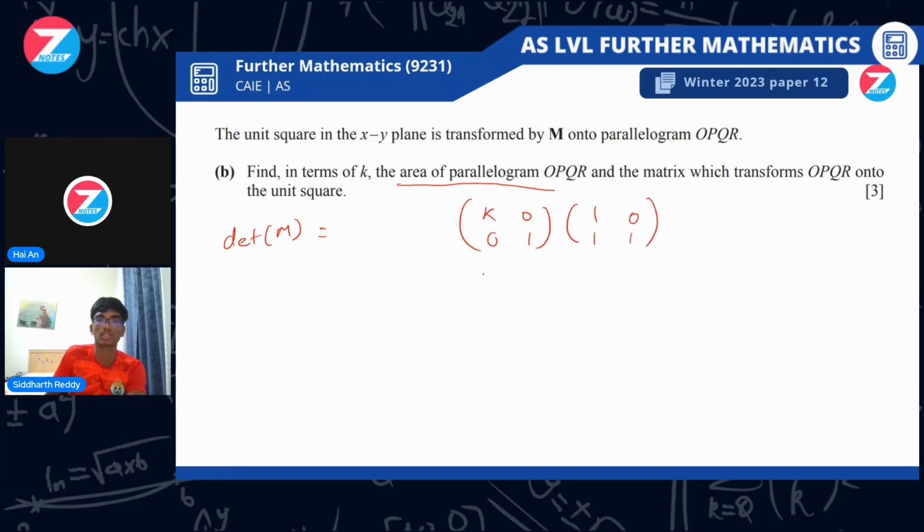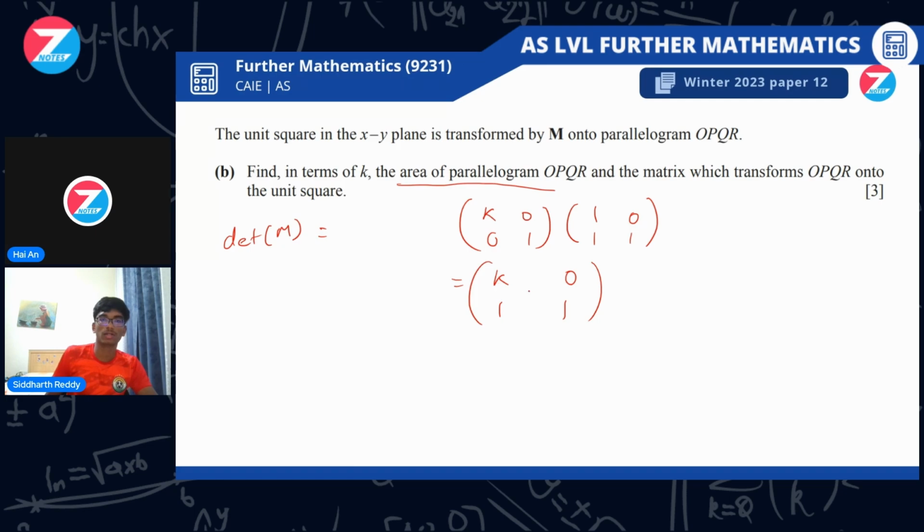Let's do the matrix multiplication. It's going to be k into 1 plus 0, which is just k. Then k into 0 plus 0 into 1, which is 0. Then 1 into 0 plus 1 into 1, which is 1, and 1 again here.